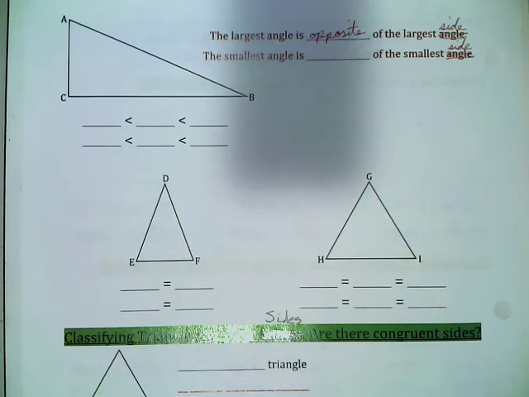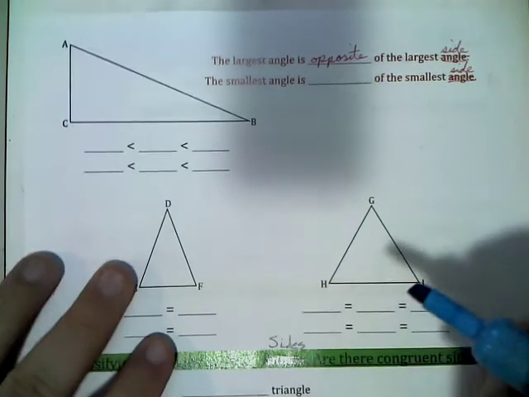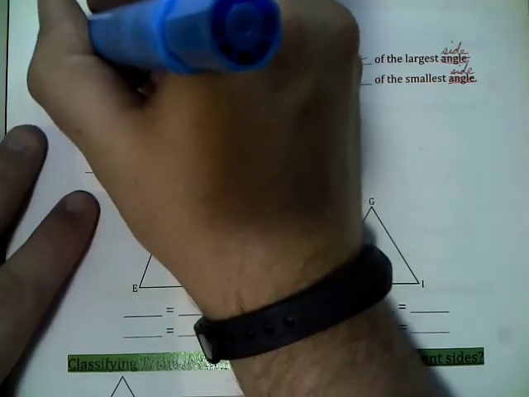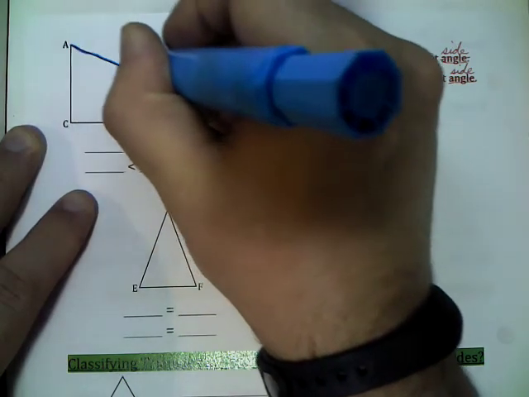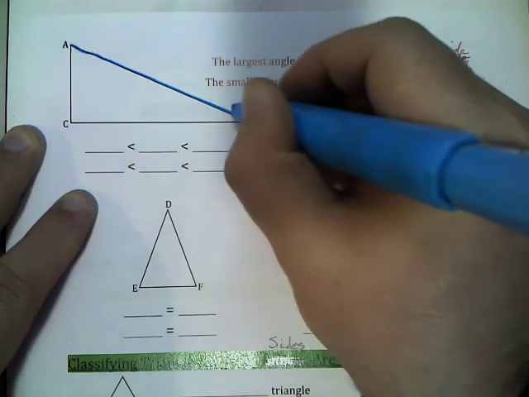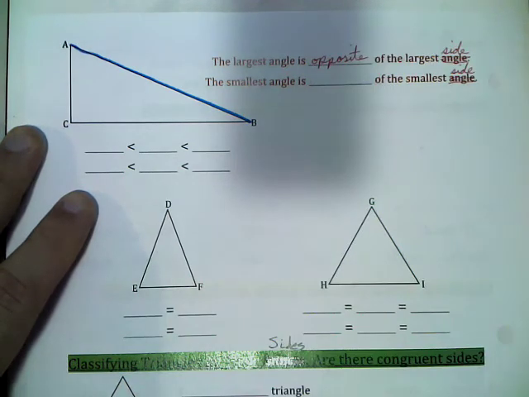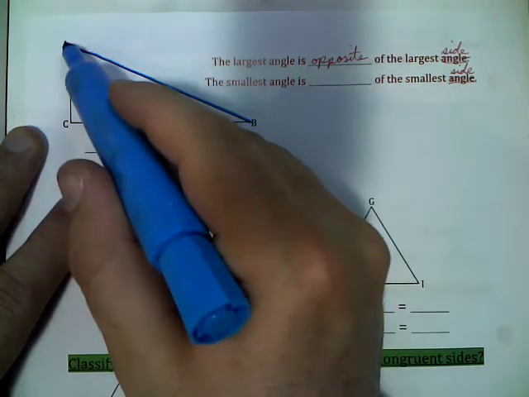So go ahead and grab a highlighter. It really doesn't matter too much what color you choose. I happen to grab my blue. And so if I take a look here, the largest side of my triangle is right there. So it's not going to be angle A, that's opposite.